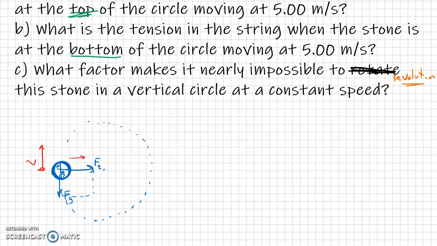What we have is a center-seeking acceleration. That's the centripetal acceleration. But this downwards force here, this force of gravity, is going to cause an acceleration down this way. And this downwards acceleration could be referred to as a tangential acceleration because it's, again, directed along a tangent line. If you think about this line right here, this would be a tangent.